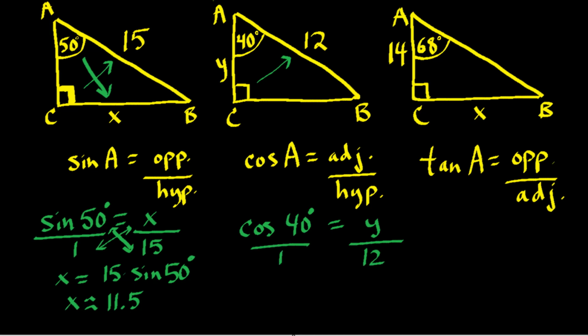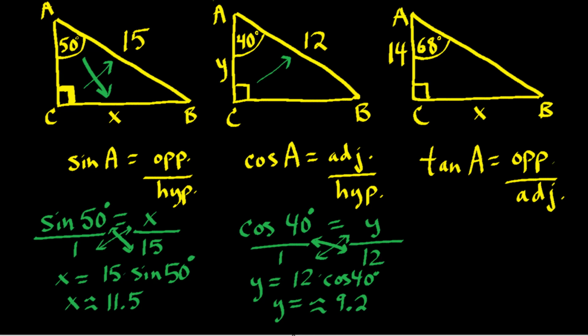And again, we could put a 1 under here and cross multiply and set our cross multiples equal to one another. So 1 times y is y, and 12 times cosine 40 degrees is what that equals. If you type that into a calculator, we should come up with approximately 9.2. So in other words, 9.2 is the length of this side.